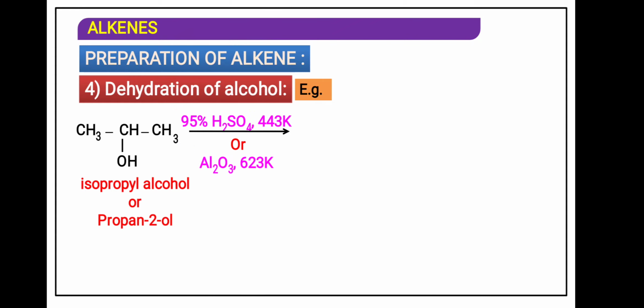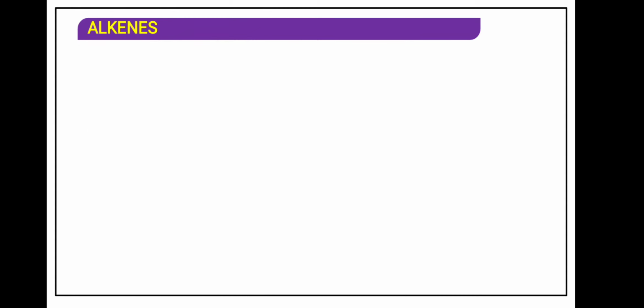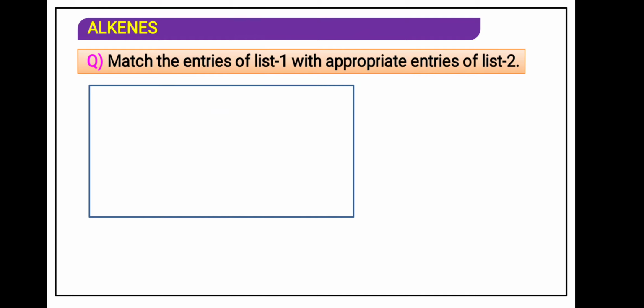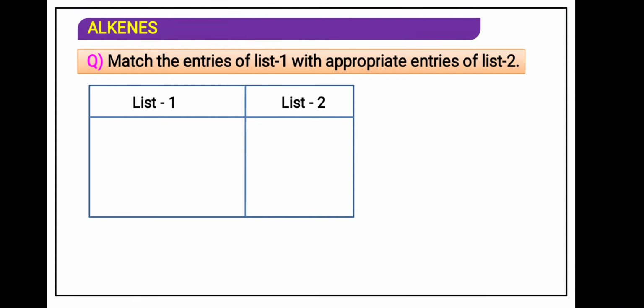In the textbook it is written correctly for secondary, so write 60% and the temperature 337 K. Any beta hydrogen can be removed. Propylene is obtained. And for the tertiary one, 20% sulfuric acid is required. You can solve it from page number 241.